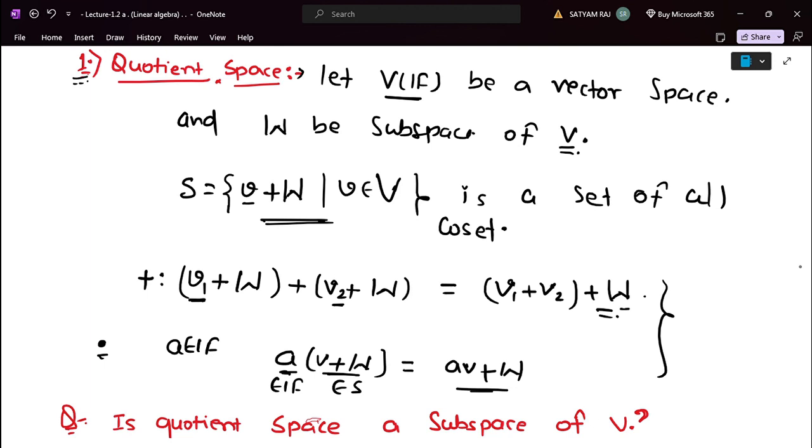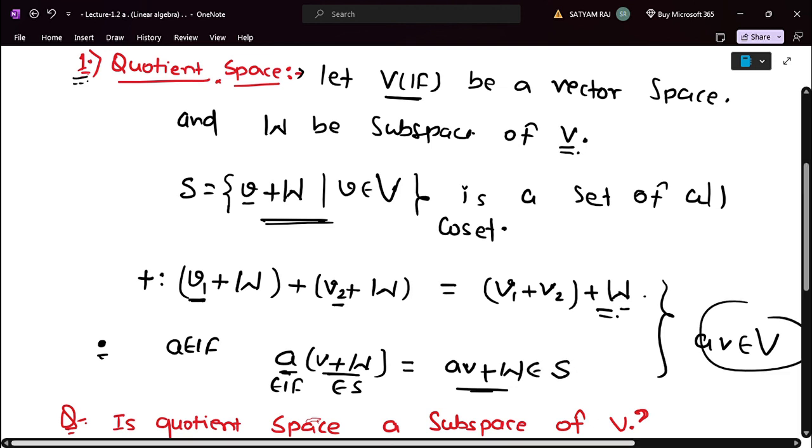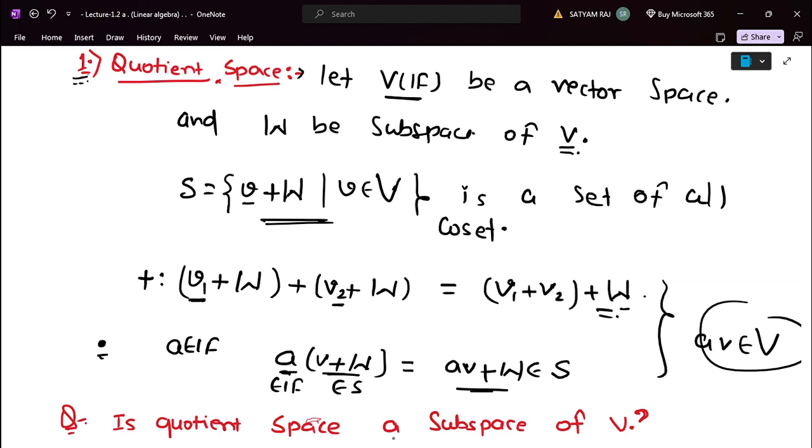We know how to multiply a and v because V is a vector space, so a v belongs to V, and this belongs to S obviously, because a is a member of the field and V is closed under scalar multiplication.